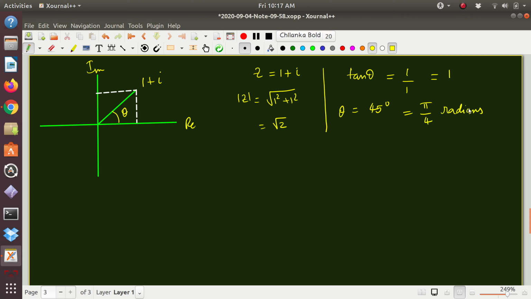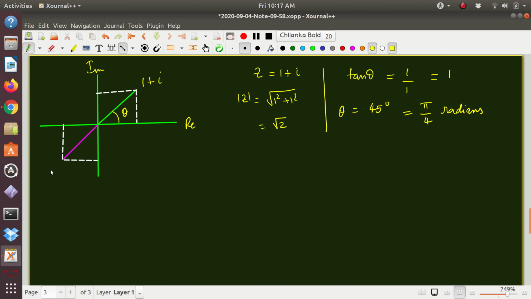On the other hand, suppose you have a point here, and that point has coordinates -1, -1.